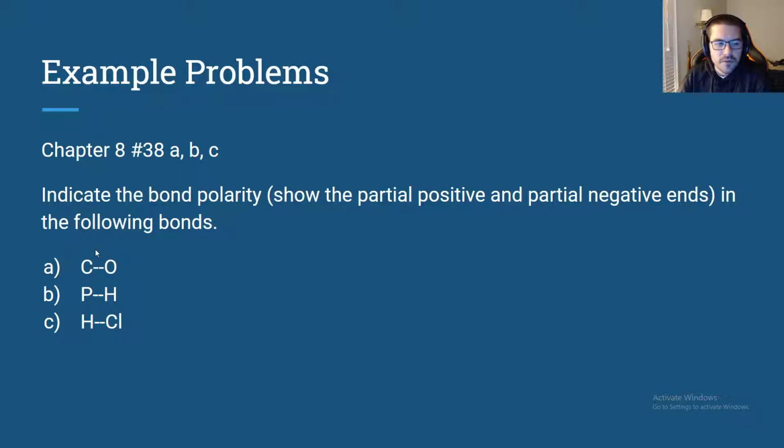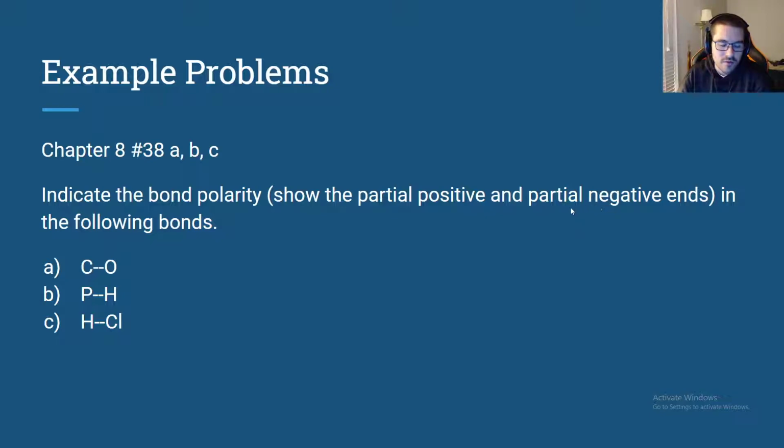If the difference in electronegativity is small, or 0, then there is not going to be any bond polarity. But if there is a difference, it's kind of hard to pinpoint a number. You could think of it like if the difference is more than about 0.5, then that's usually enough.